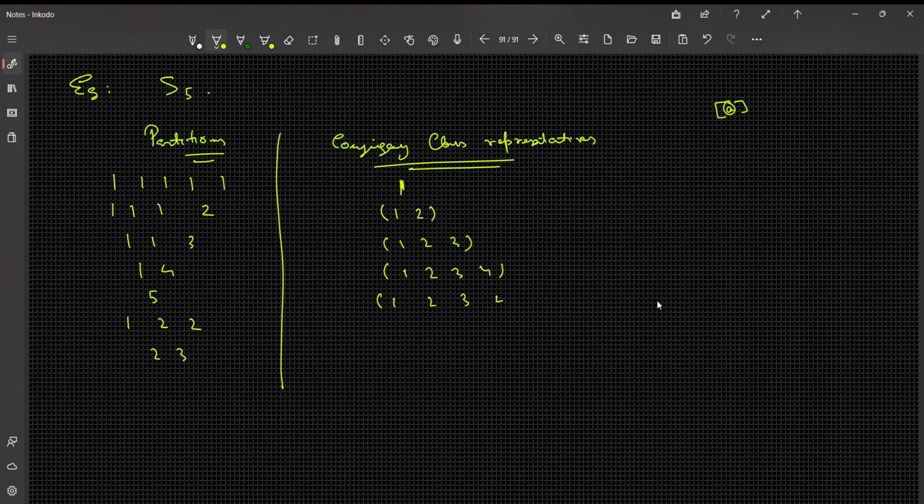And it's 5, so a cycle of order 5. Here you again have LCM 2, but you have two 2s, so it is of the form (1 2)(3 4). And you have a 2 cycle and a 3 cycle, so we have the 2 cycle (1 2) and the 3 cycle (3 4 5).